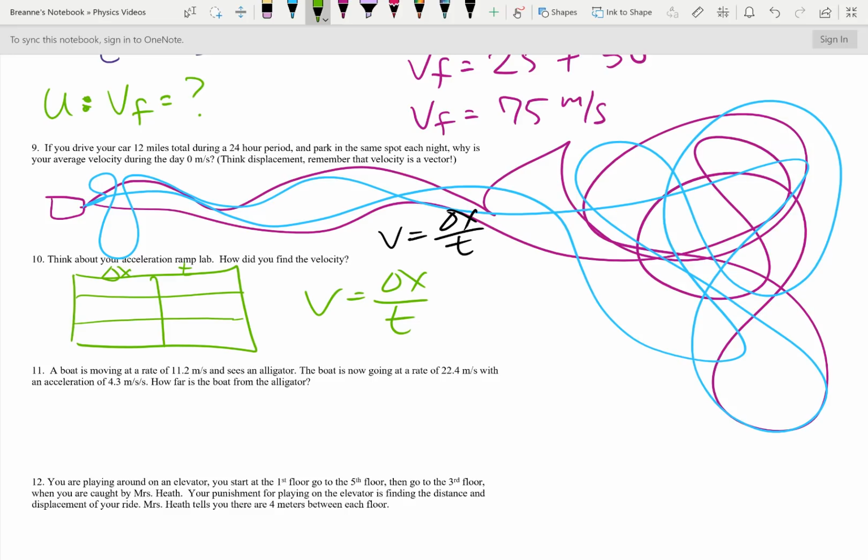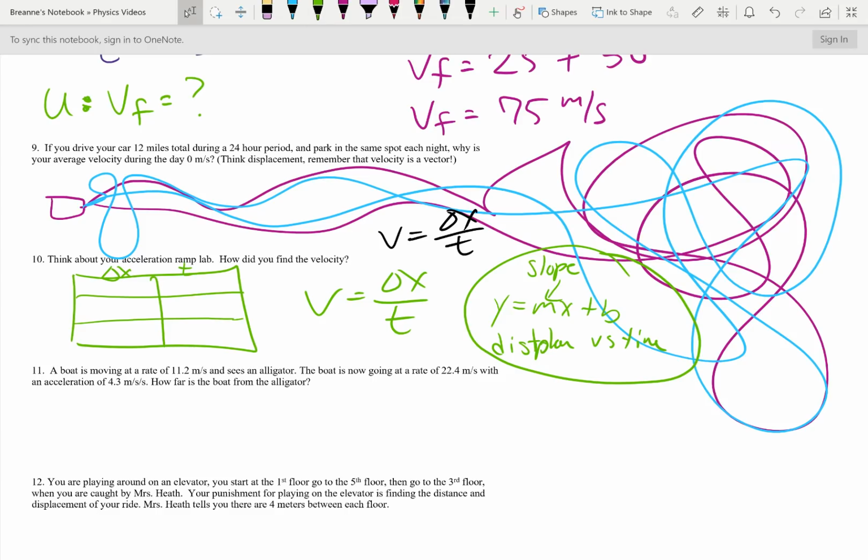Another way to get your velocity is looking at your slope. In y equals mx plus b, remember that m means slope. So if you're looking at your displacement versus time graph, you would also use that. But if you have your data, you can just use your displacement over time.